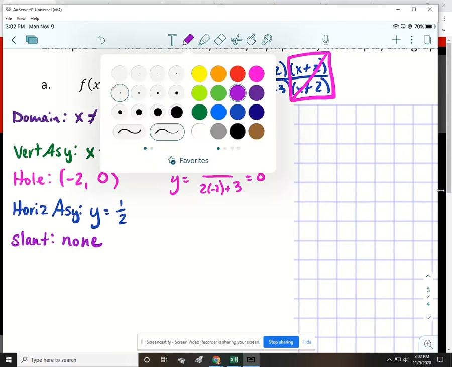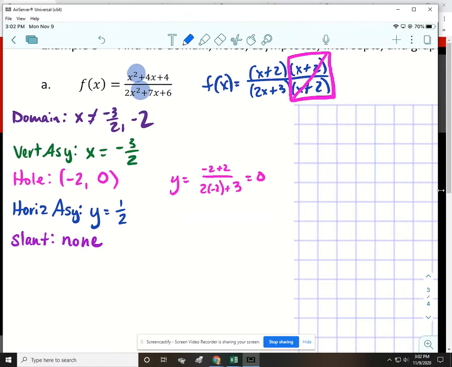Okay, so let's go to, I'm running out of colors. Let's go to the x-intercept. So the x-intercept, we look at the numerator, what is not in the box. Whatever makes that 0 is an x-intercept. So that's the point -2, 0.